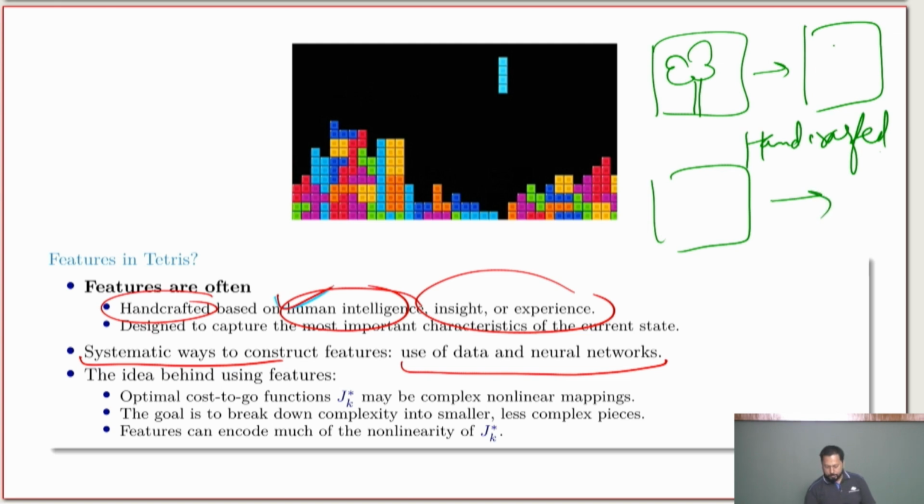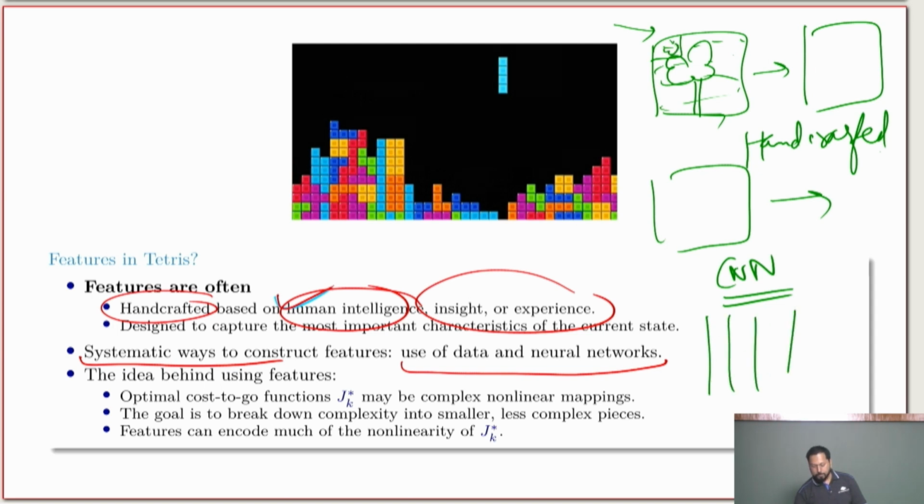Just like the handcrafted features here, where we talk about the holes and the relative height of the columns, in the earlier computer vision they were doing this. But when neural networks came into the picture, and especially CNNs, it got automated. Now what a CNN does is it applies the filters on its own, and these filter weights are not fixed by hand. We let it learn what is useful as a feature.